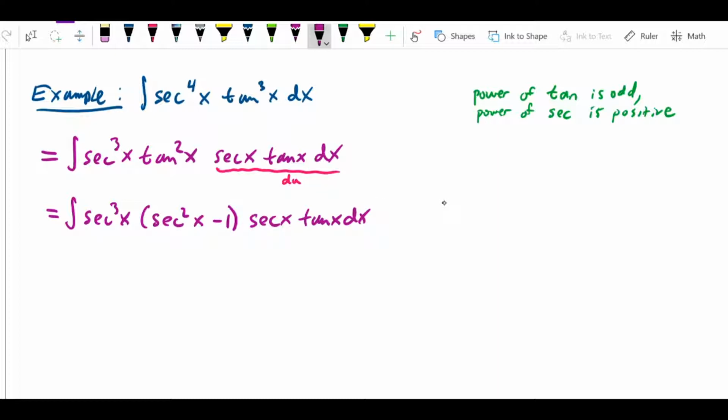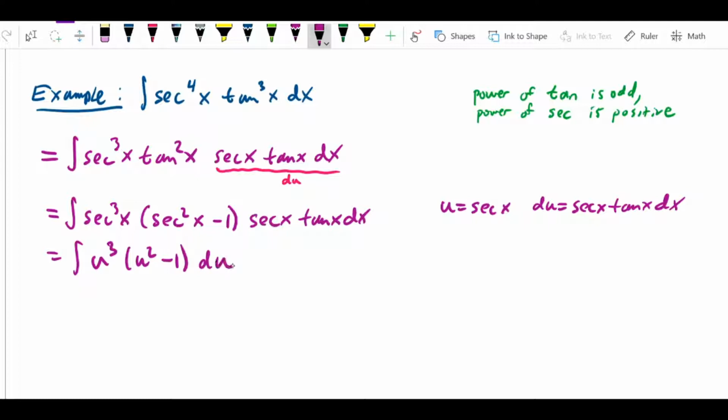So now I can write u is equal to secant x, du is equal to secant x tangent x dx, and this now becomes the integral of u cubed times u squared minus 1 du.